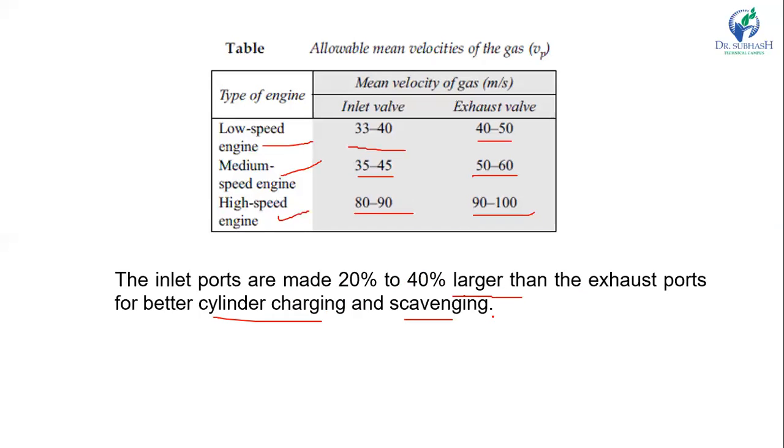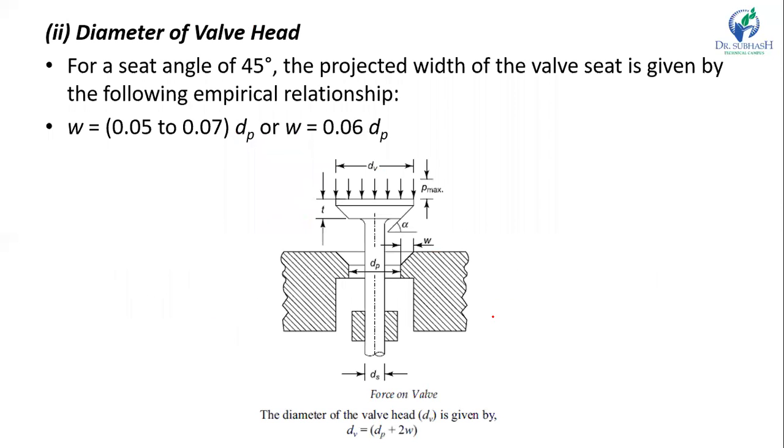Now the second step is the diameter of valve head, that is dv. So we are finding here the diameter of valve head dv. For a seat angle of 45 degree, the projected width of the valve seat is given by the empirical relation W is equal to 0.05 to 0.07 dp, where dp is the diameter of port.